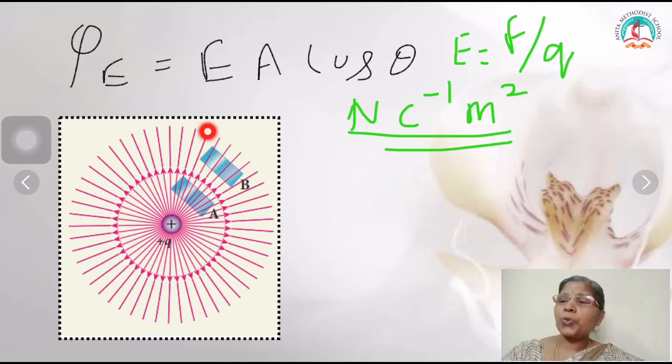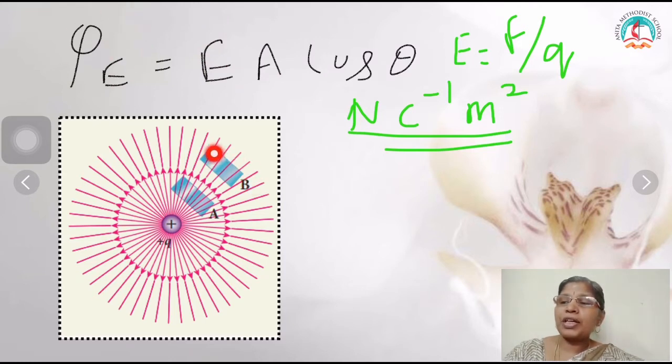I am taking two areas, one is A and another one is B. You see area A, in the first case the number of lines crossing the particular area is greater compared to B. When the number of lines crossing is greater, the electric field E value is greater. If electric field E is greater, the flux value is greater.